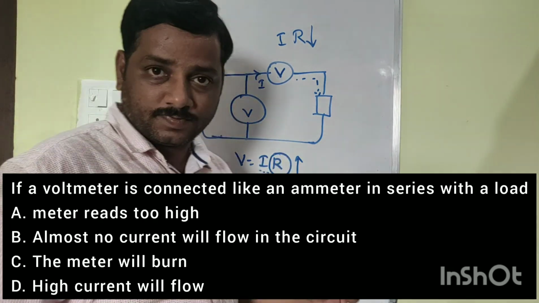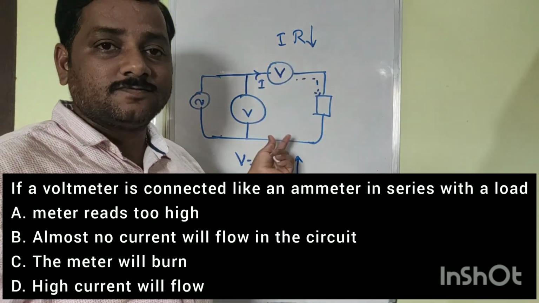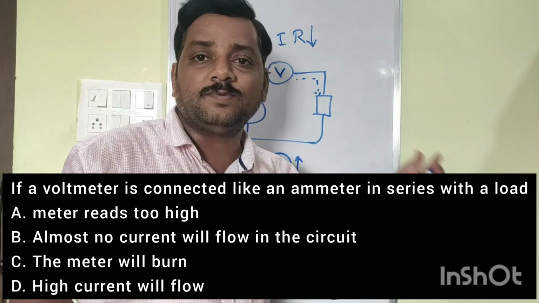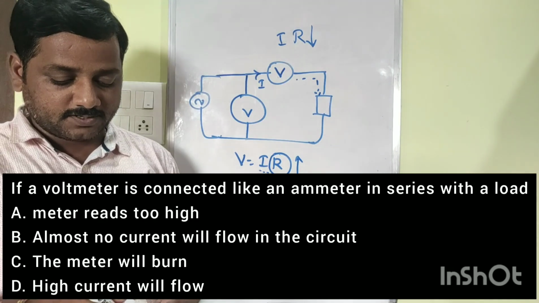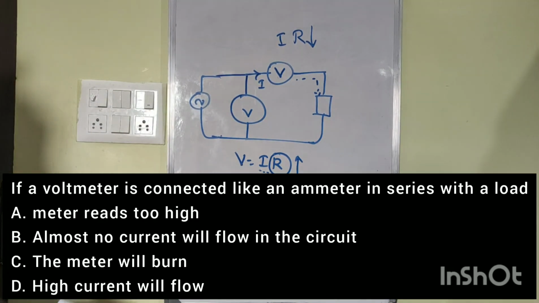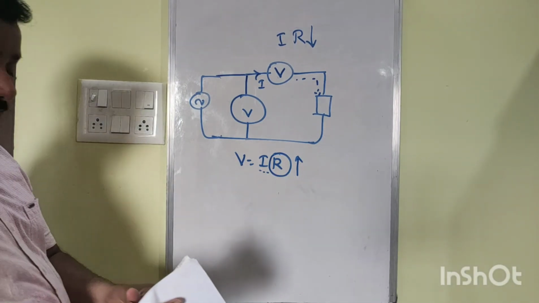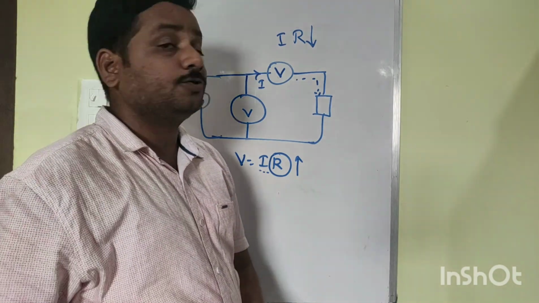You cannot say 0. You cannot say it will block completely. Maximum resistance will be there, so a small amount of current will be flowing. So what happens if I connect a voltmeter in series? It will try to block the current. Almost no current will be passing through the load. So that will be the option for this particular question.